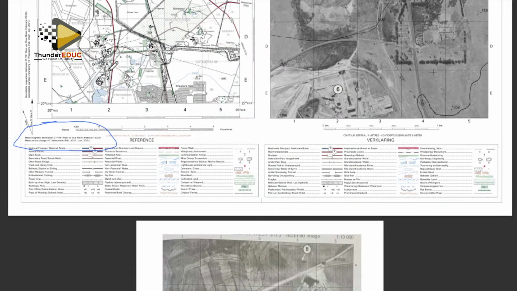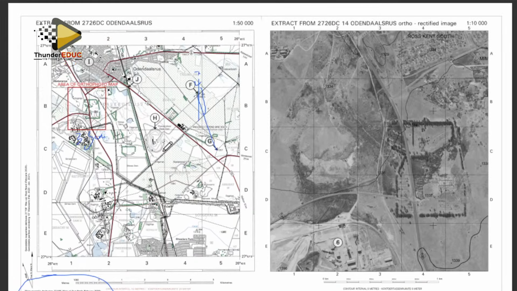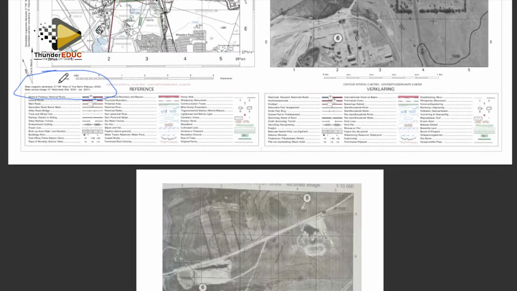Let us go back to the map. We check here. It is 21 degrees. I don't know if it's clear for you there, but I'm trying to read what is here. It is 21 minutes. Maybe it is 21 degrees 00 minutes. So if that is the case, then we come here.